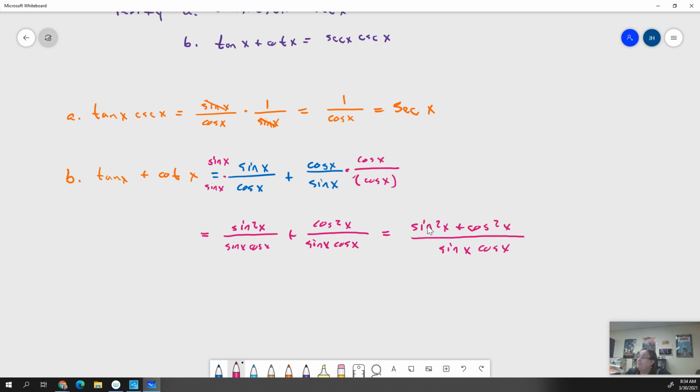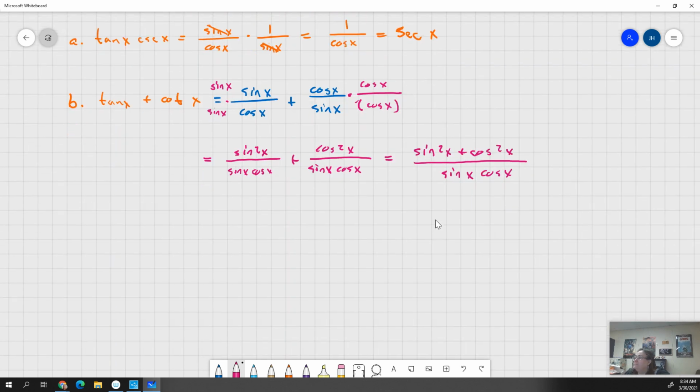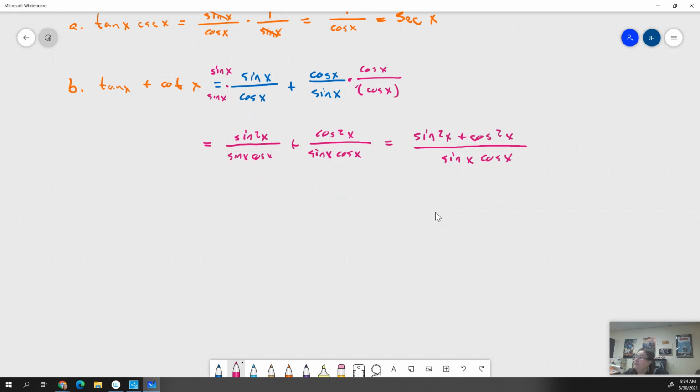Is it looking a little bit familiar? So our top just equals 1, right? 1 over sine of x cosine of x.